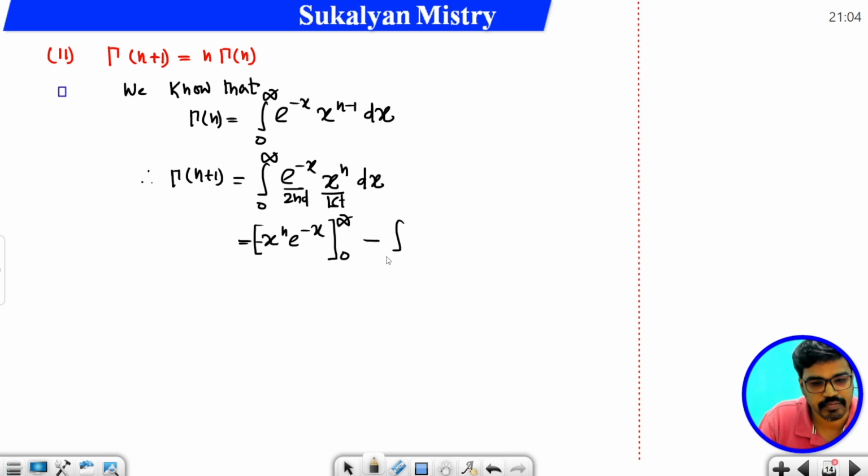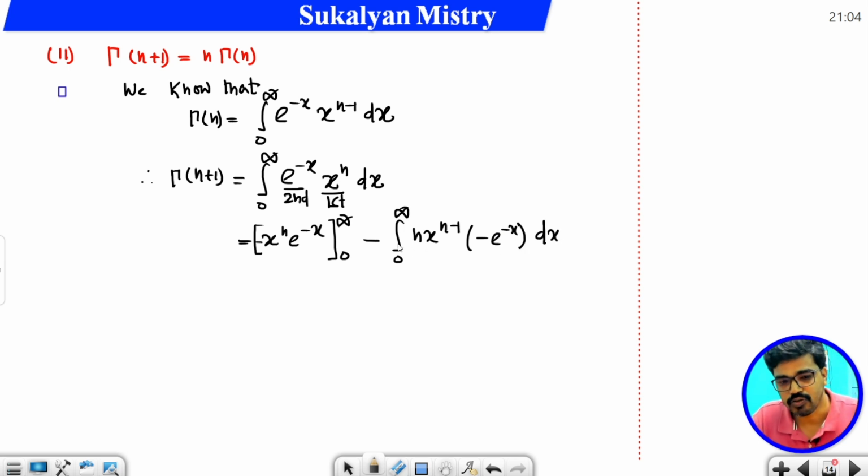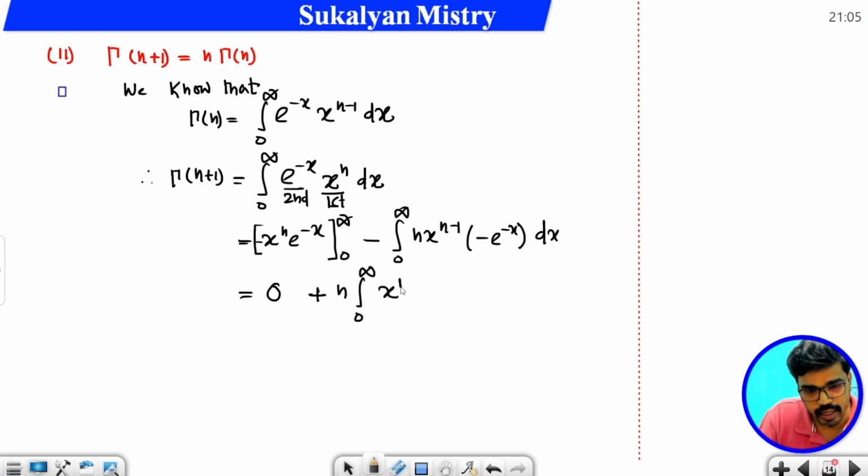Minus the integration of the derivative of first, that is n times x to the power n minus 1, times the integration of second, which gives minus e to the power minus x, dx. Now when you put the upper limit, e to the power minus infinity is 0, so ultimately this is 0. Minus a minus is a plus, and n is a constant, so n times the integration from 0 to infinity of x to the power n minus 1 e to the power minus x dx.